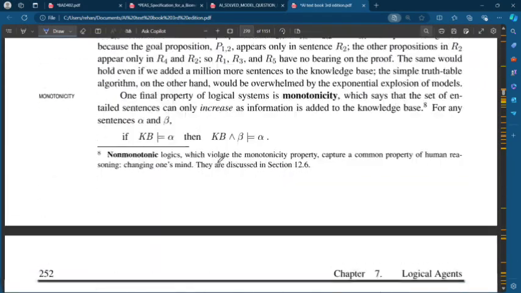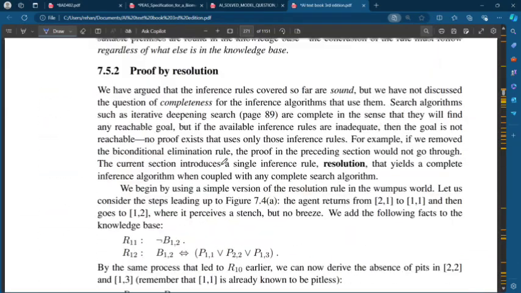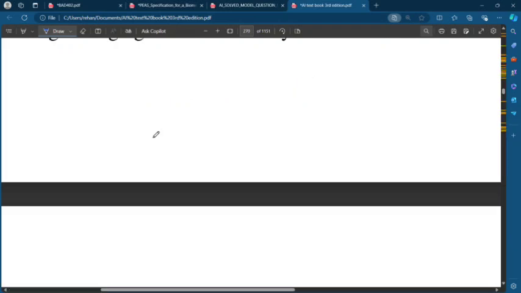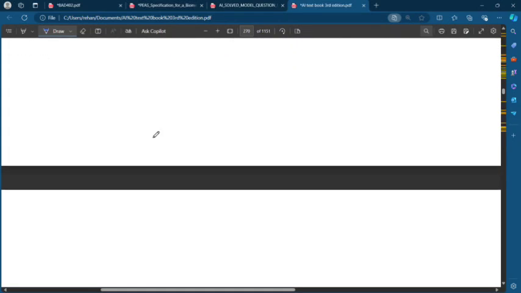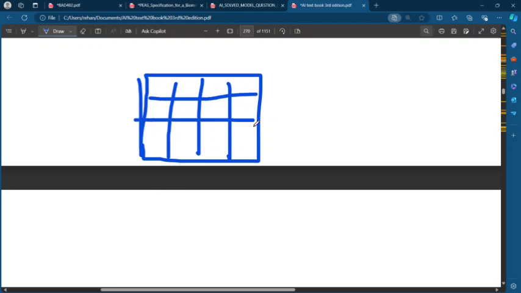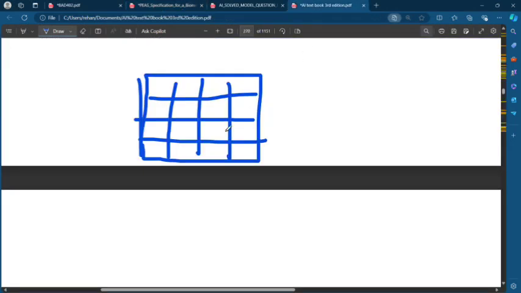I'm not getting any free space, so I'll just zoom in here completely. So what they're asking us is to prove logically that there is no pit in 1 comma 2. So this is 1, this is 2.